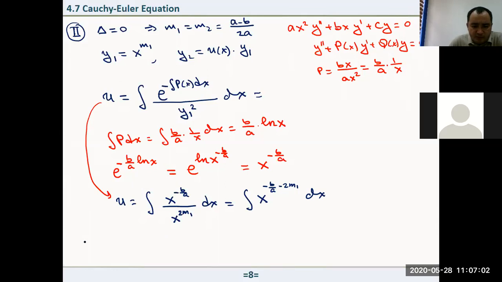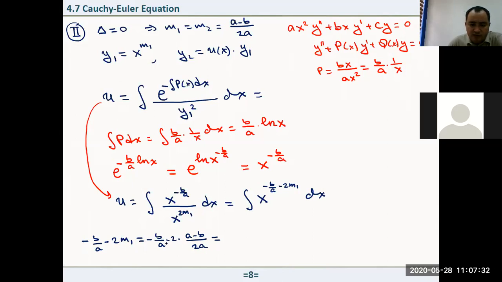So let me write here minus b over a minus 2 times m sub 1, which is equal to minus b over a minus 2 times, what is m sub 1? m sub 1 equals negative b over 2a. If I substitute here, the 2 cancels, and we have minus b minus minus b, that is plus, so this is equal to 0.